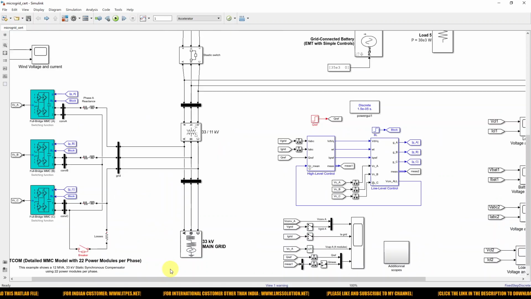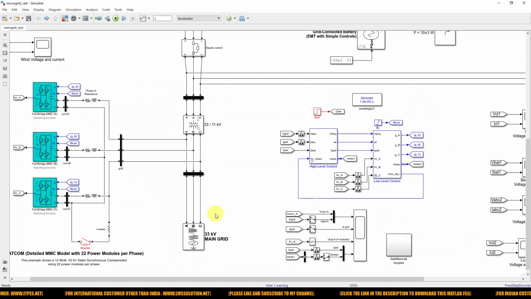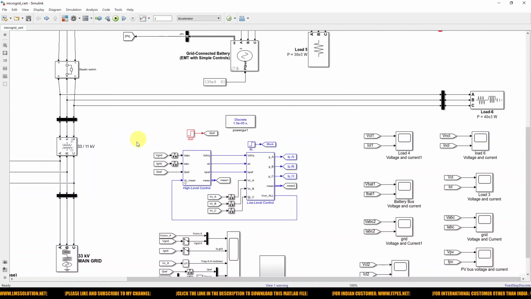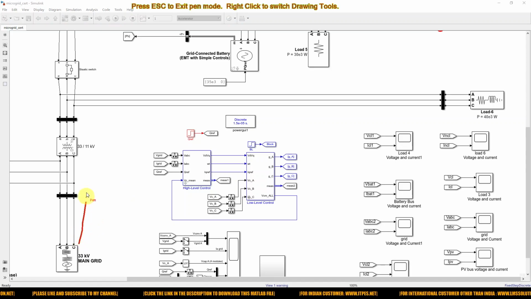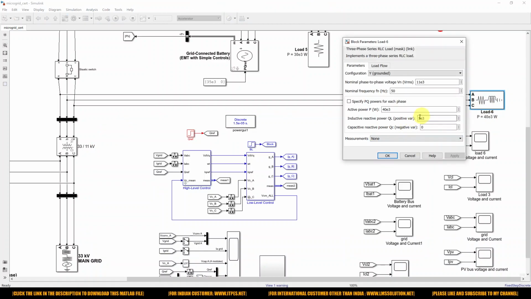Here we consider a 33 kilovolt main grid or utility grid, and it is stepped down to 11 kilovolt by this transformer, and then here we have the local load. In the grid we would have local load. The load here is 40 kilowatts, and the reactive power is around 5 kVA.